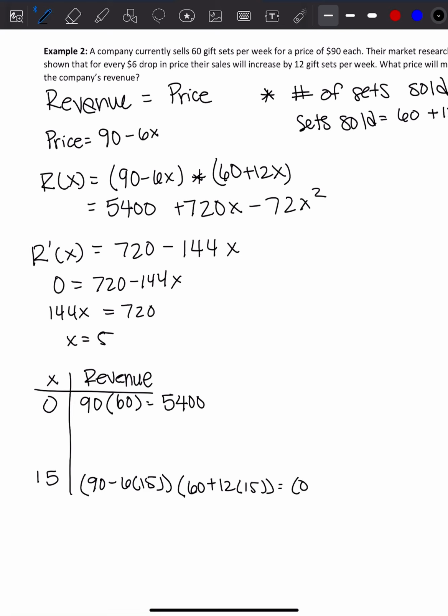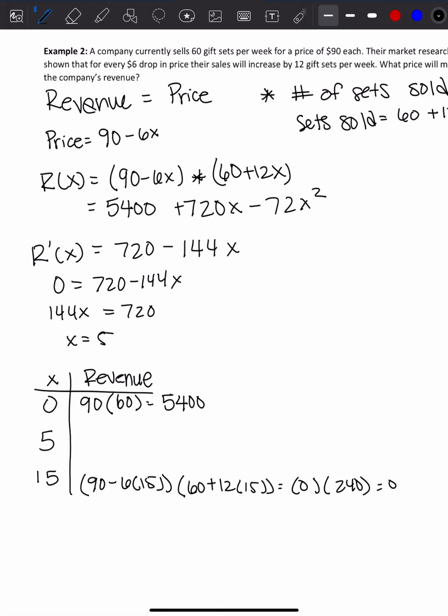So we have 0 times this other piece here, which really doesn't matter, even though I'm going to figure out what it is. So it's 180 plus 60. So this is going to equal 0. And I know that this is my other end cap because I'm not going to sell things for 0. We're not giving things away for free because we'd be making no revenue. And they want a starting point, so 0 weeks is our starting point.